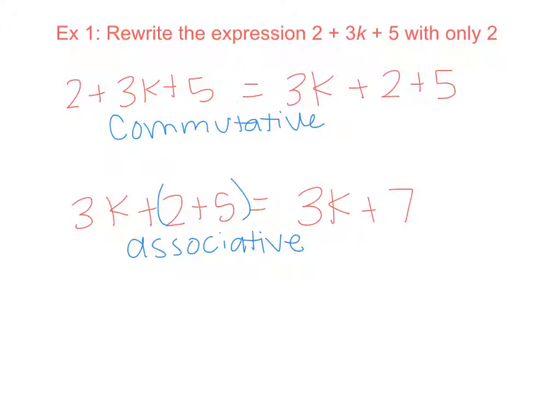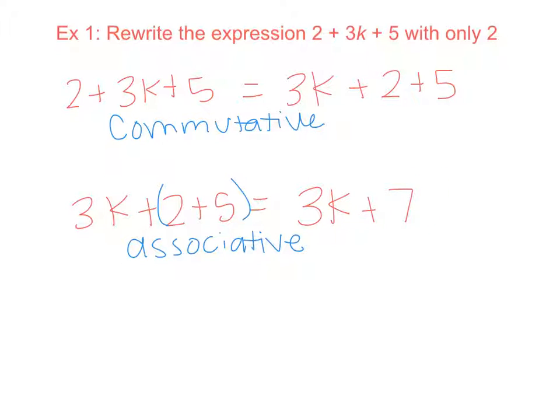Doesn't change anything. Now if I take this expression, bring it down here, 3k plus 2 plus 5, and group these two like terms, 2 and 5, using what we call the associative property, then I have 3k plus 7.